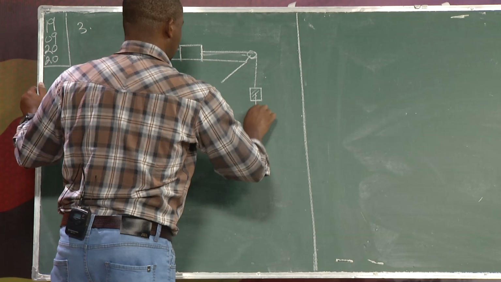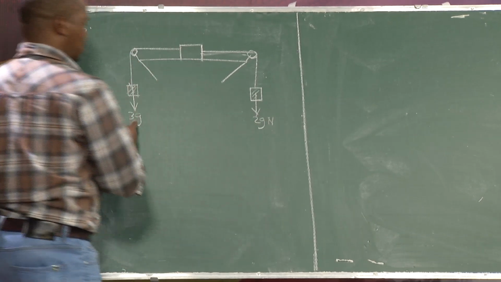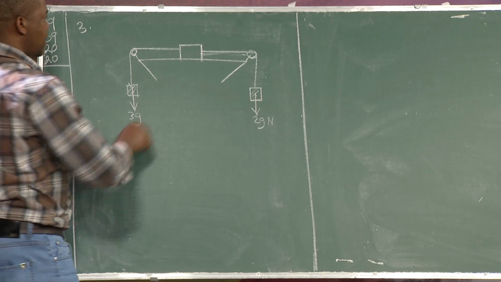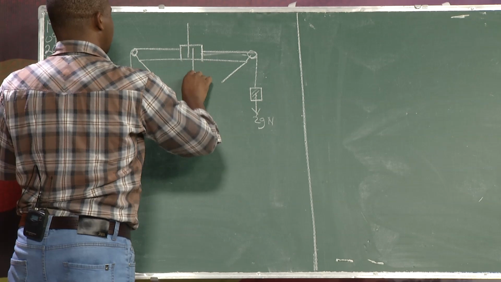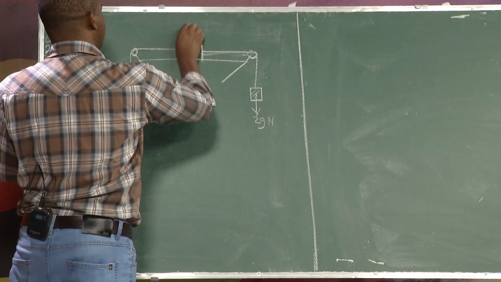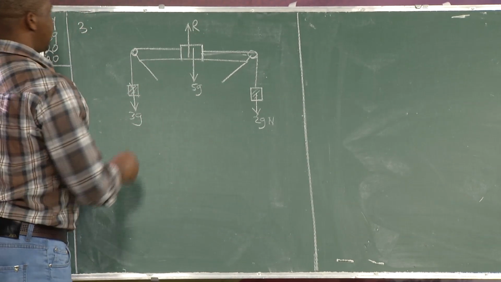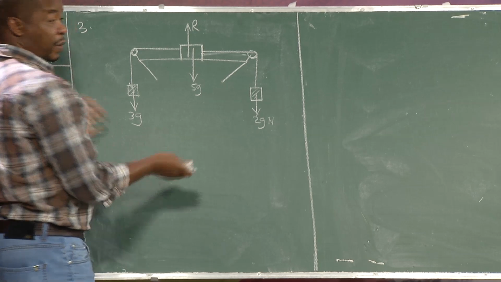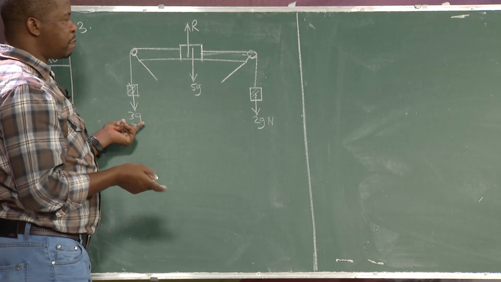Since this is 2 kilograms, these are forces now. It is not grams, but they are forces. And we will have a normal reaction here and the weight at the same time. The weight is 5. The normal reaction, I will still call it R. They have given us acceleration. When we release this system, by default, the heavier particle will pull.